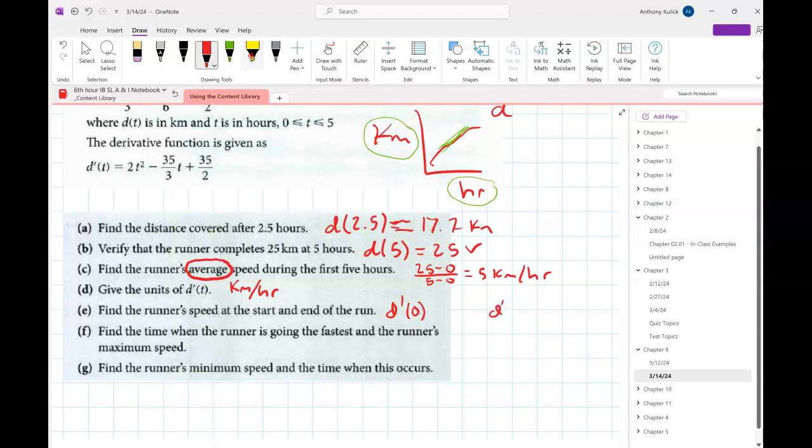And the speed at the end of the run, I'm plugging in what t? Not 25, that's how far I went. 5, that's how long it took me to do it, right? 5 is the time. So when I plug 0 in, I get 35 over 2. Well, let's write it as 17.5.